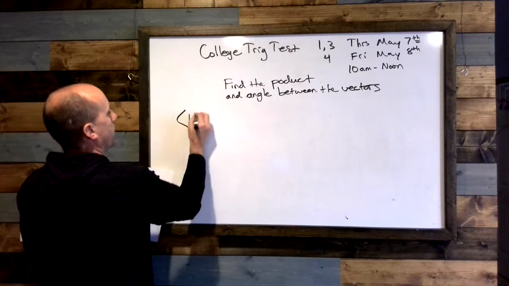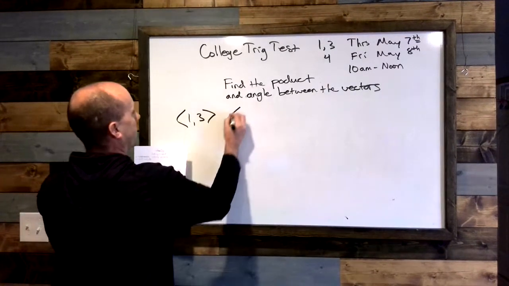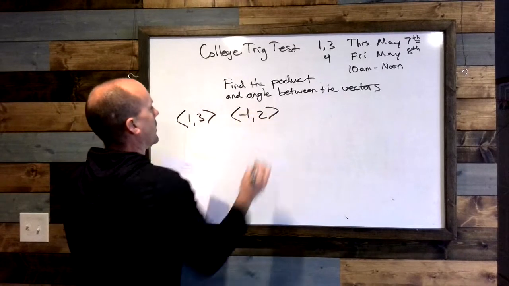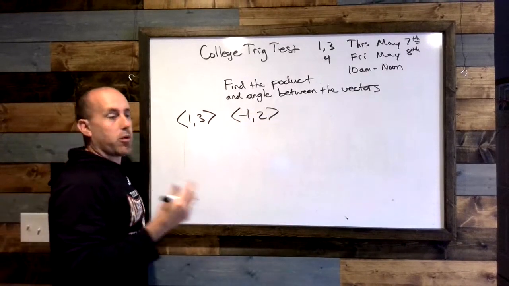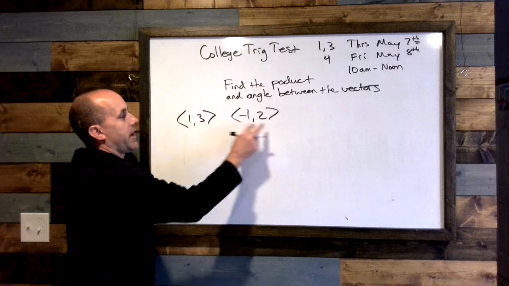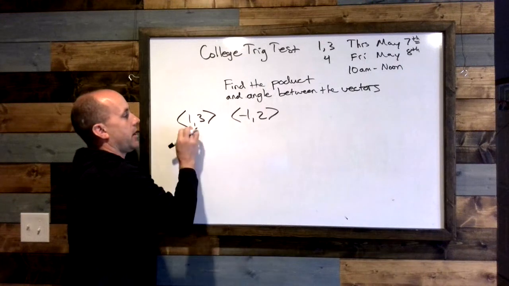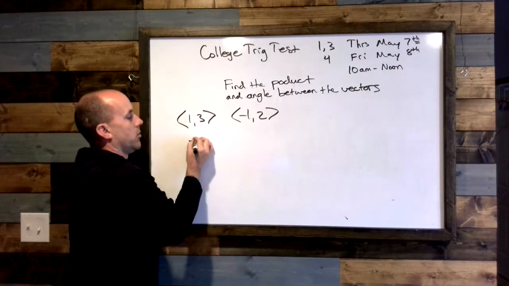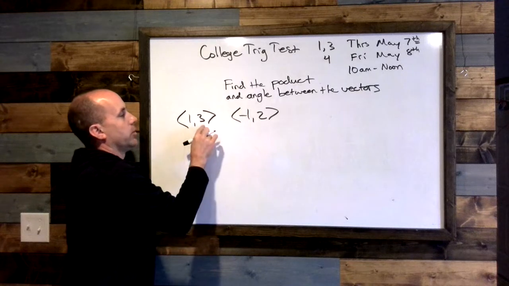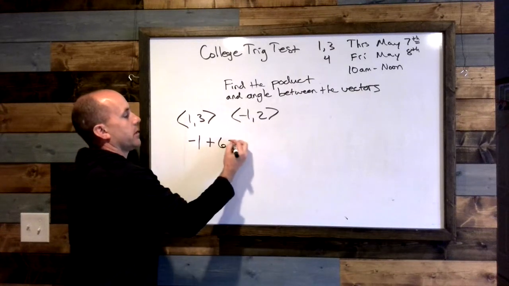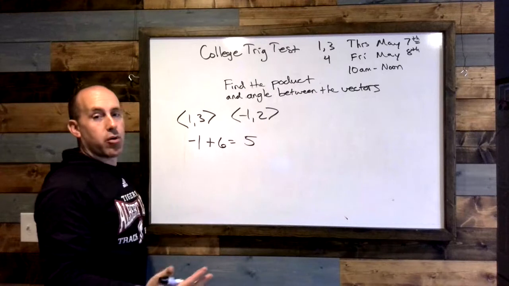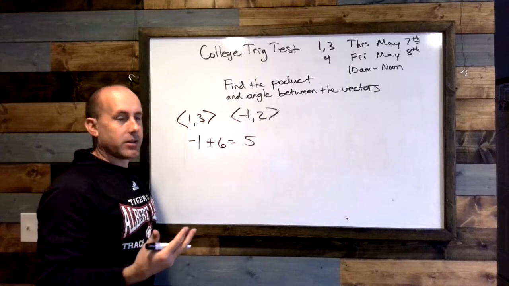You had, say, 1, 3, and negative 1, 2. The product of the vectors, the way we find the product of 2 vectors: we take the horizontal components, multiply to get negative 1, add it to 3 times 2 is 6, and we get 5. So that's the product. How do we find the angle?